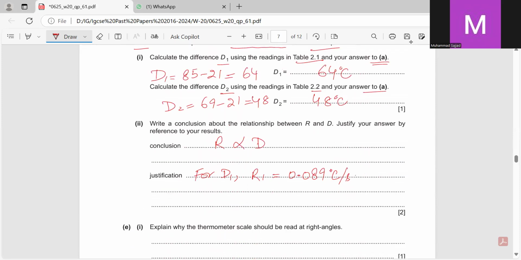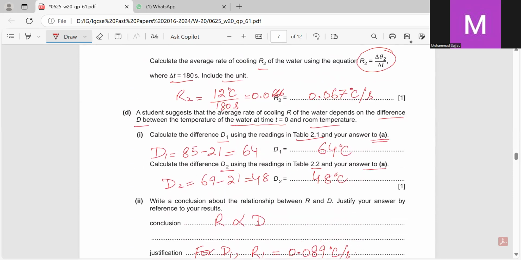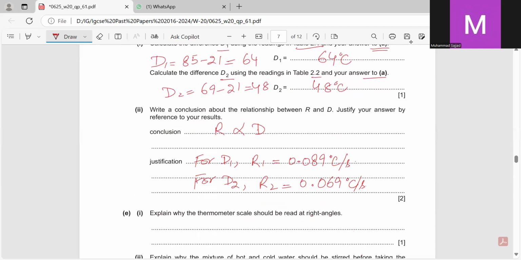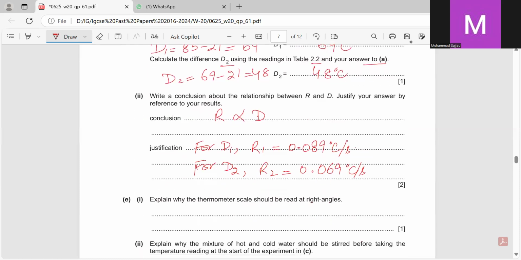And when the difference of temperature is D2, R2 is equal to 0.069 degrees Celsius per second. So when the difference of temperature is low, the rate of cooling is also low. Difference of temperature between what? Between the initial temperature of water, in this case hot water, and the room temperature. When it is less, the rate of cooling is less, and when it is more, the rate of cooling is also what? More.